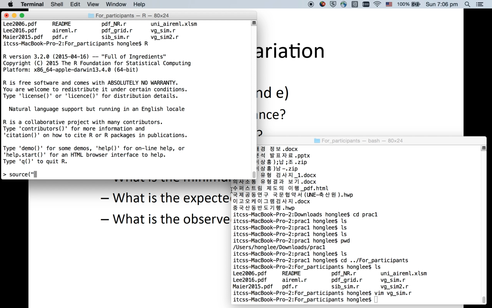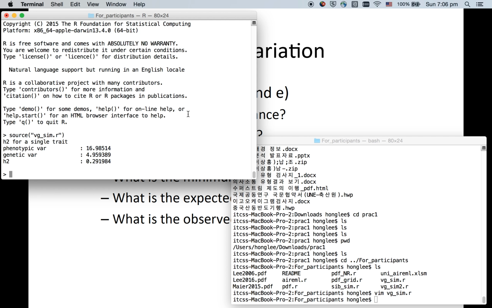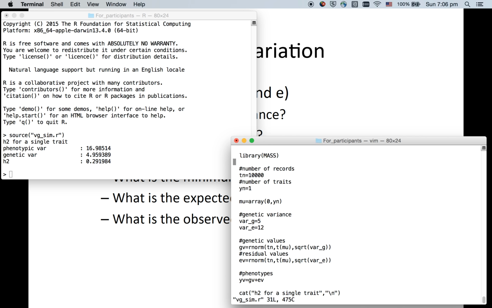So we call VZ, then it runs. From one replicate based on this simulation code, the phenotypic variance is around 16.9, the genetic variance is around 5, and the heritability is around 0.291, right? So let's have a look at the questions.